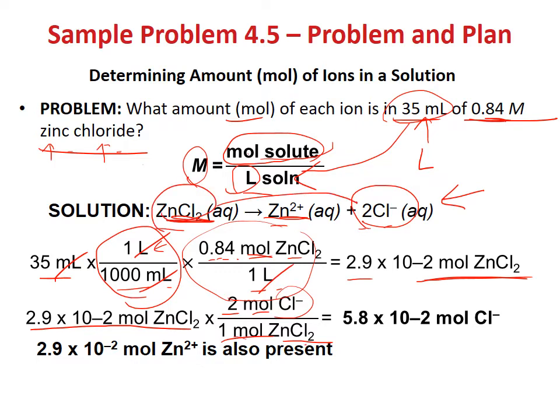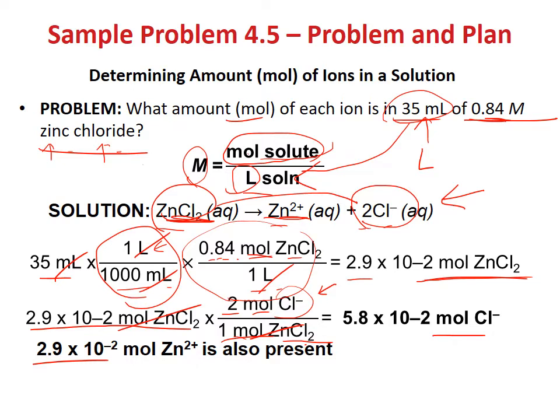So 1 mole zinc chloride cancel each other, give you moles of chloride. For zinc, you do the same step, but it should be 1 mole. So the conversion factor should be 1 mole of zinc, and that gives you 2.9 times 10 to the minus 2 moles zinc ion in the solution.